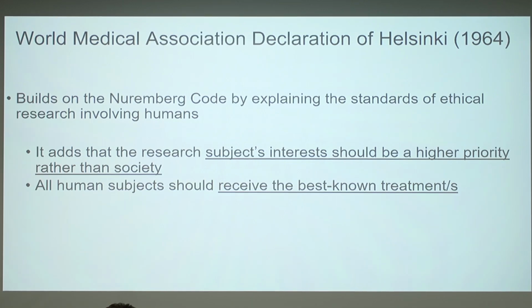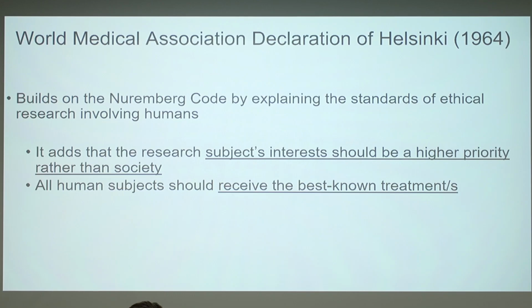And basically they found with the Declaration of Helsinki that if there's a treatment for whatever condition you're studying, then you need to give that to the patient, and the patient's interest in the study is more important than the societal gain of whatever you're studying.